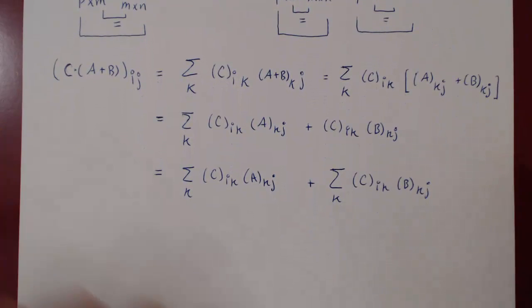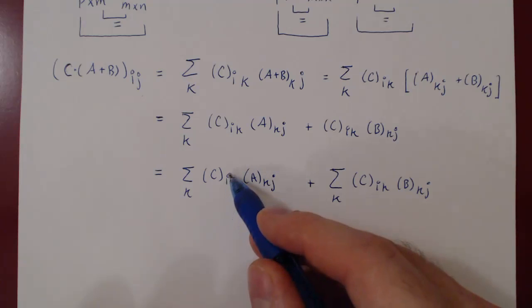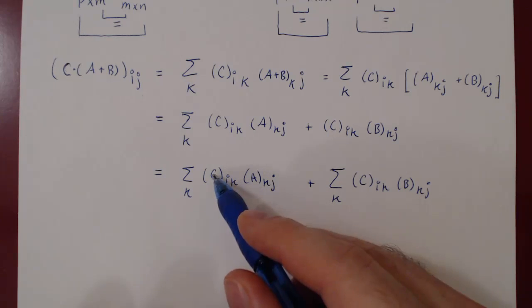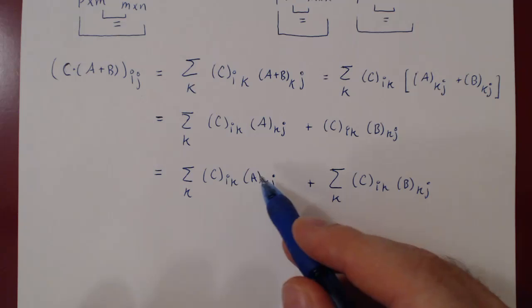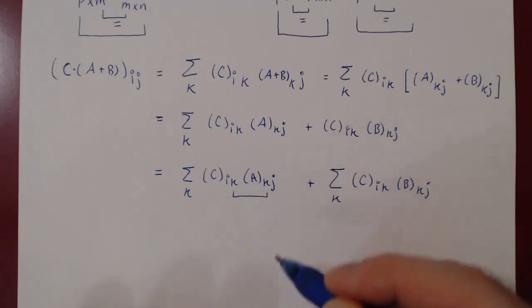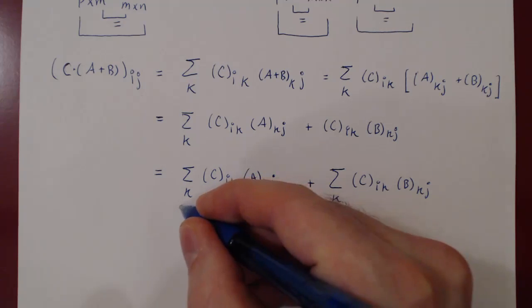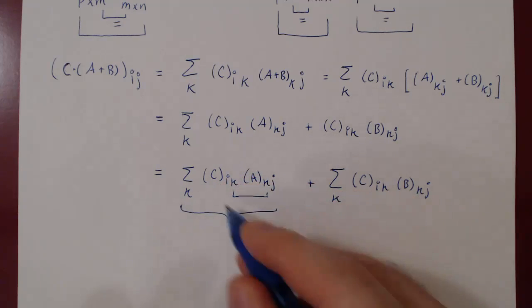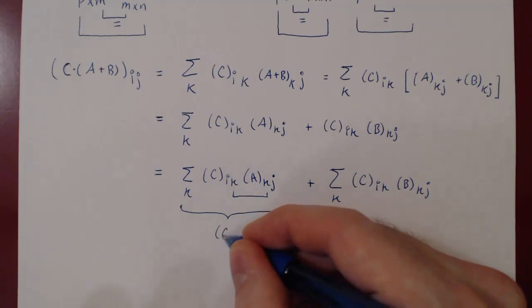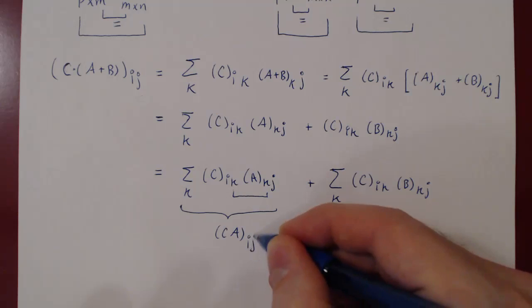We can collapse our summations. Because if you look here, we are taking the entries in the ith row of matrix C, in the jth column of matrix A. We are multiplying the corresponding entries, and we are adding them up. This is by definition the entry in the matrix C times A in the ith row, jth column.